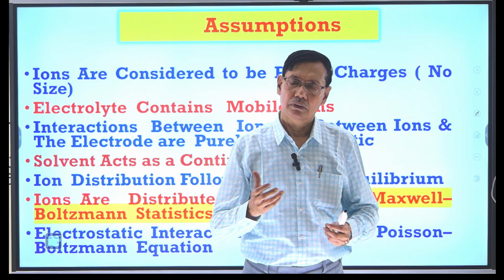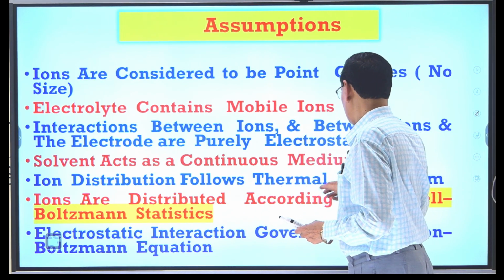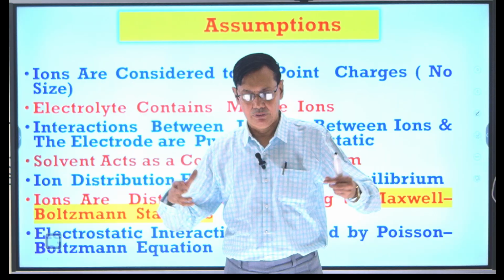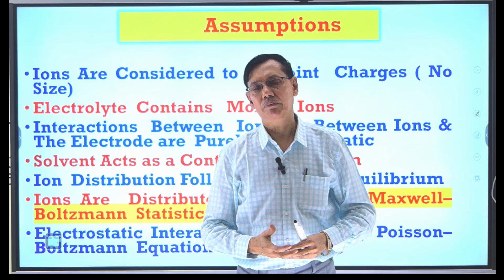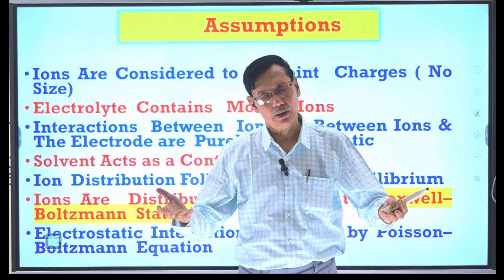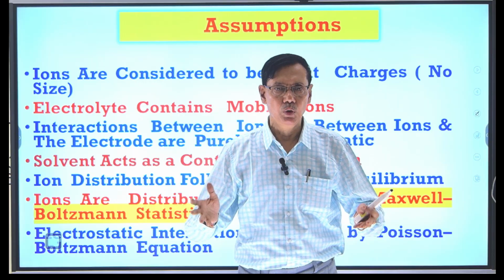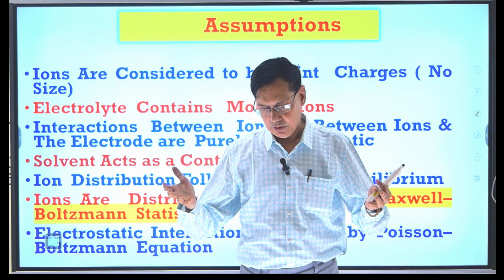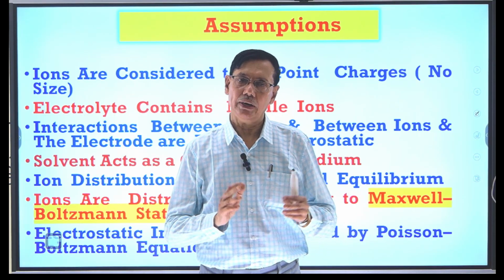And the other is Boltzmann statistics. When you mix the Poisson equation and the Boltzmann equation, it is called the Poisson-Boltzmann distribution, which is a nonlinear differential equation. You are all aware of these things as mathematics students. Okay.